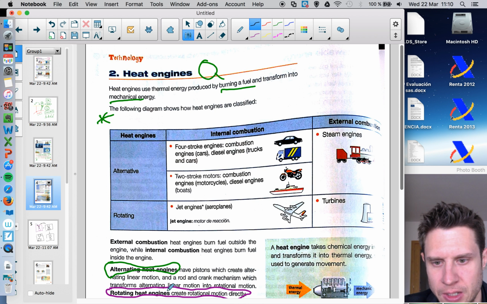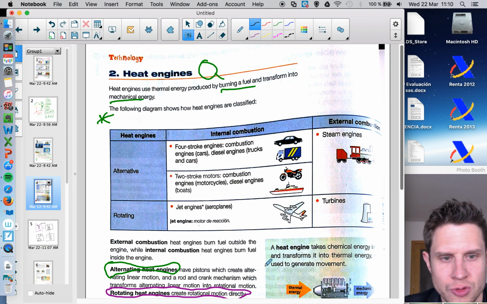Rotating heat engines create rotational motion directly. So what we burn in a plane is the turbines that are rotating on the jet engine.